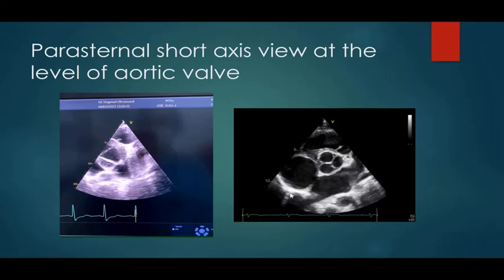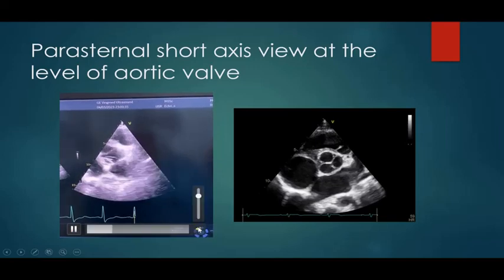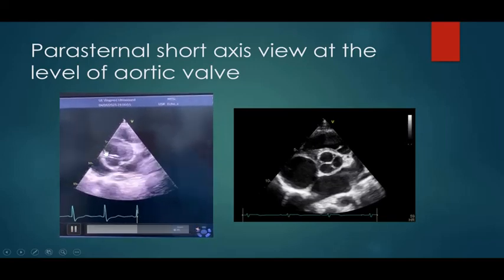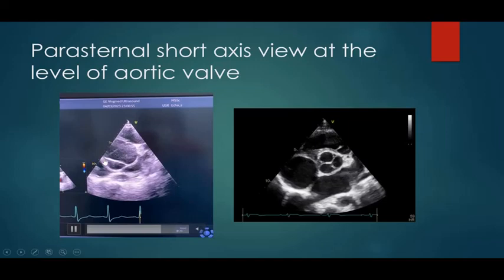So this is the parasternal short axis view at the level of the aortic valve. On the right hand side, it is a normal parasternal short axis view showing the tricuspid aortic valve. While on the left hand side, because of the aortic root dilatation, it is occupying more than half of the screen, and we can appreciate only two cusps, one cusp here and one cusp here.